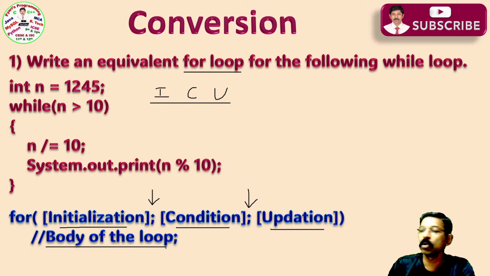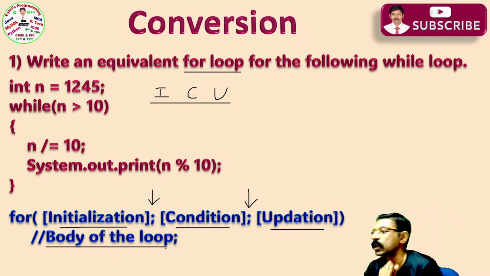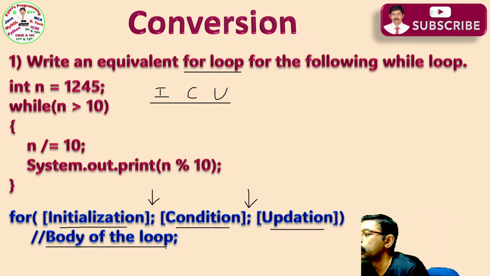If I want to execute more than one statement, it has to be enclosed within curly brackets. Bishwa Prakash, still you are performing well, Bishwa. Excellent. Correct answer, Bishwa. Ayusman, missing semicolon in the for loop after the condition. Good. Updation is not mandatory in the case of a for loop, but the semicolon must be given.